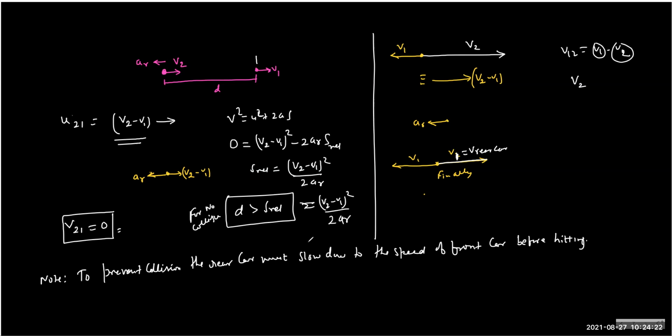Take some time, realize this, understand this, think about it, and then this will come to you naturally after some time. So don't worry. Relative motion will not click so easily. It is the most difficult part of kinematics. It looks easy, but the chance of confusion is always there, and that will be cleared naturally.